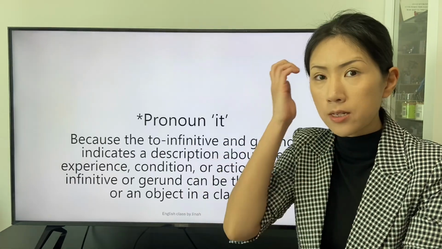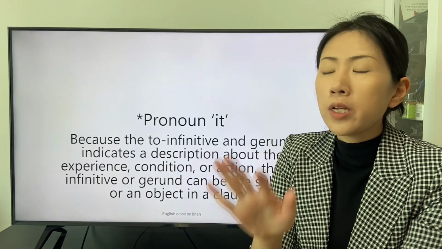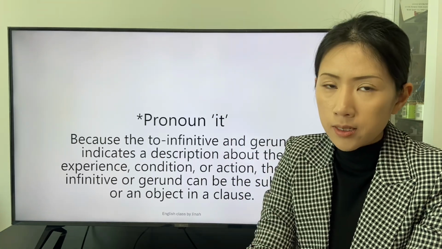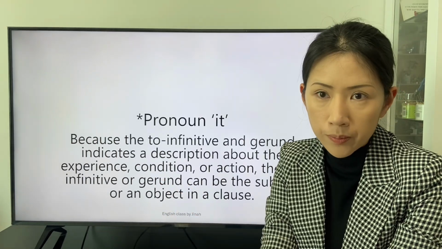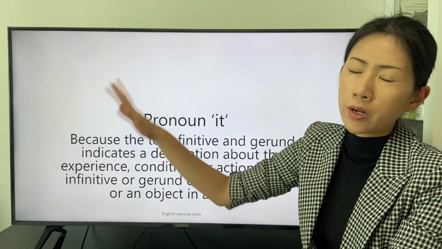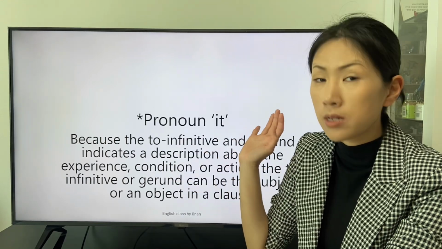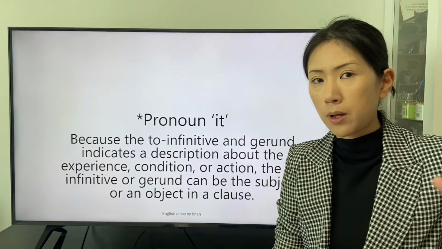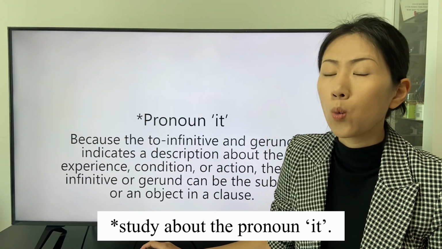Pronoun it. Let's study about pronoun it. Pronoun it is also called as dummy it. Pronoun alternates the noun. That's the reason why we study pronoun class about the noun. The next class is about the pronoun, so let's proceed to.